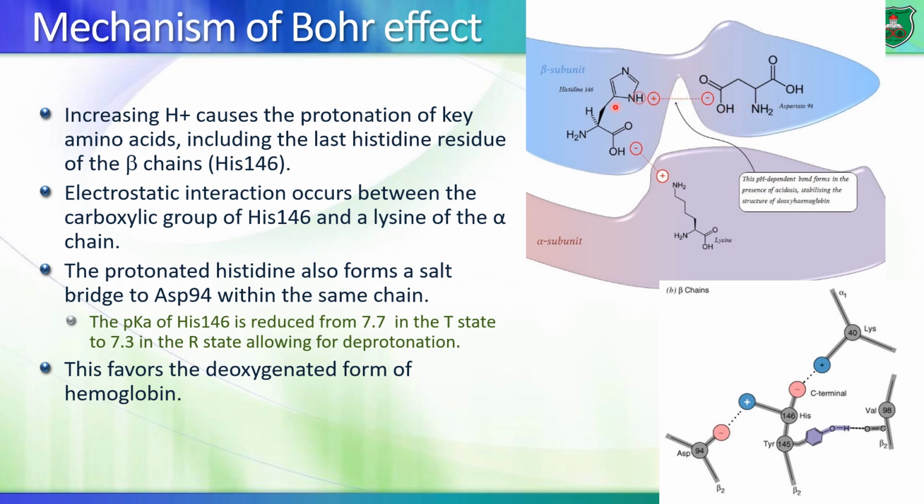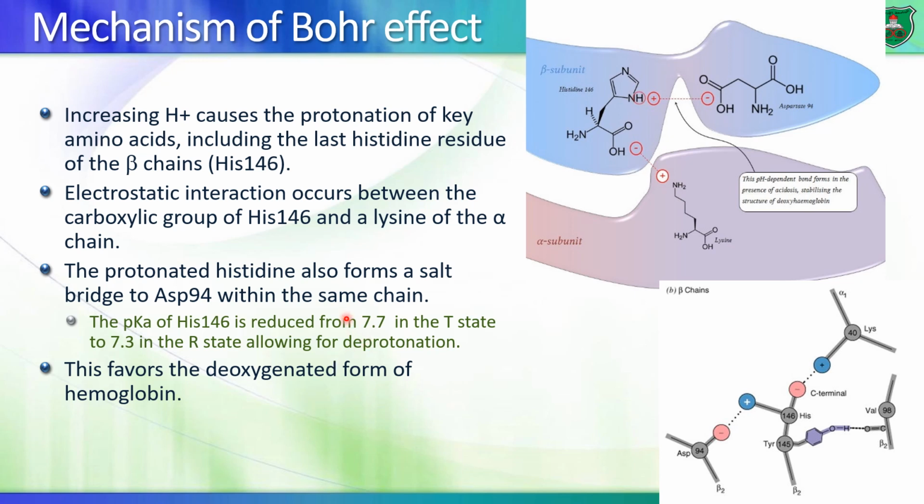Okay? So what happens here is that whenever you have switching between the T state to the R state, that results in changing the pKa of histidine 146, the R group of the histidine 146. It goes down from 7.7 to 7.3. So what is pKa? pKa is the pH where the concentration of conjugate base is equal to the concentration of the acid itself. Okay, that is the unprotonated over the protonated.